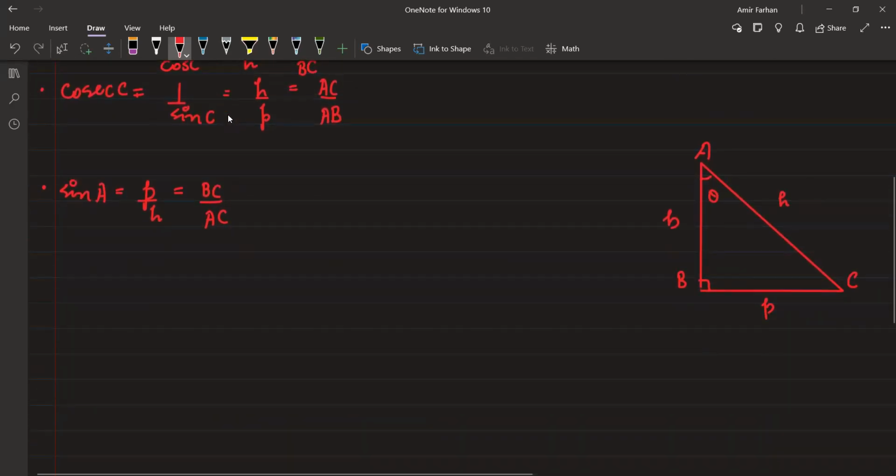Clear? Yes, sir. And the next is cos of A, which is B upon H, equal to AB by AC. Now your cos will become, basically your sine will become cos if you change the angle. Yes or no?